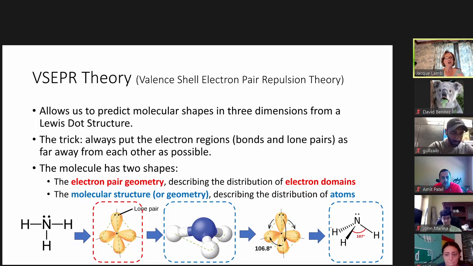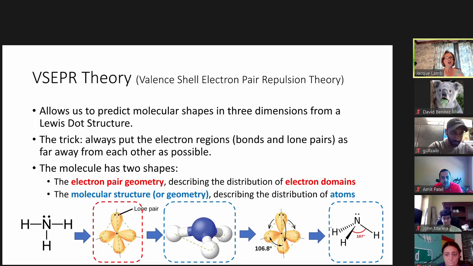If you have two regions of electron density, one example of this would be CO2, which we drew before. By the way, when we're talking about the shapes, we're actually talking about the shape around the central atom. So we're really focusing on this guy right here. So CO2 is one. Another one was BeH2.